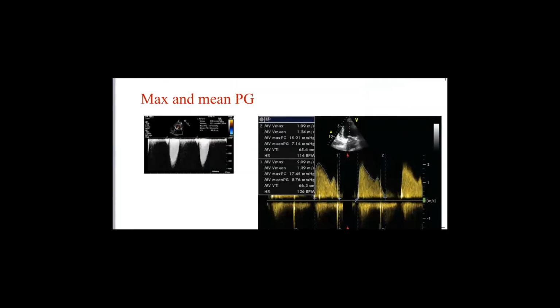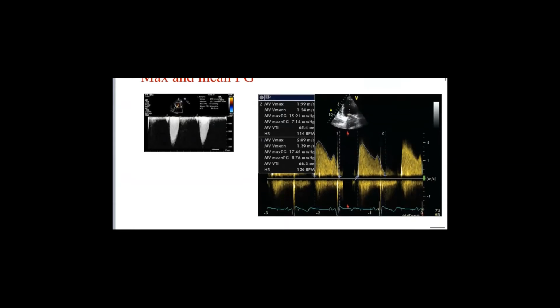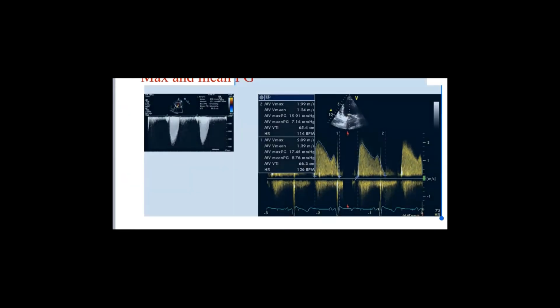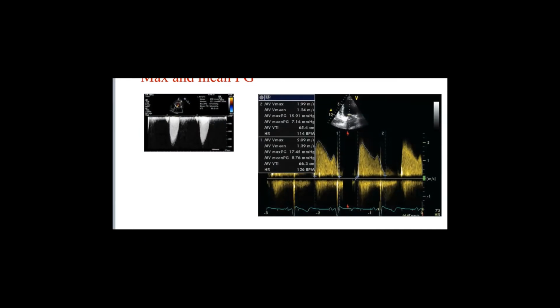So this is the mean pressure gradient. Type one problem: the peak and mean are both flow dependent.